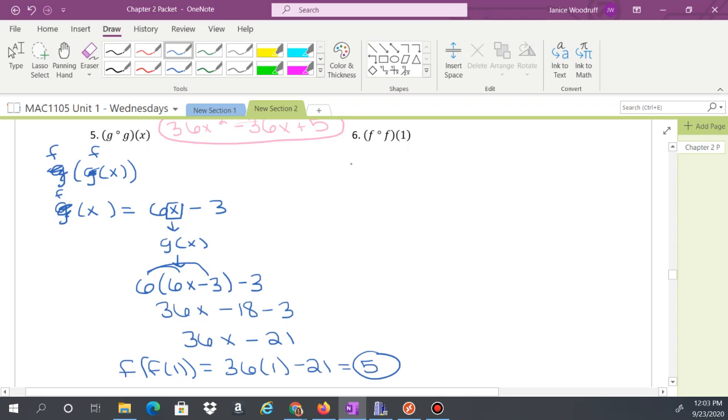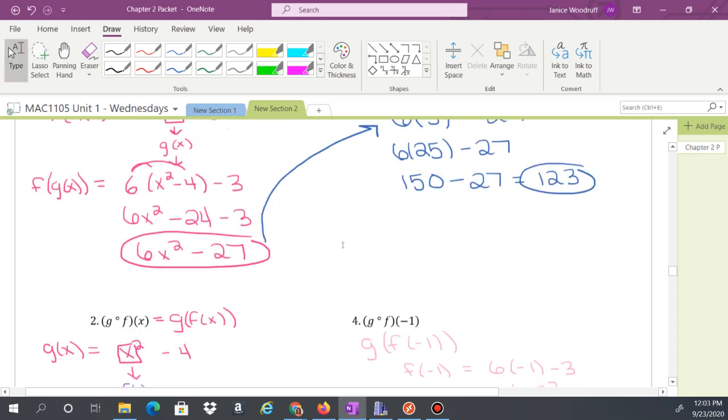All right, so let's go ahead and do the g of x function. So here we have, and I'm going to bring this over here, g of x. So the g of x function was x squared minus 4. Let me double check that.